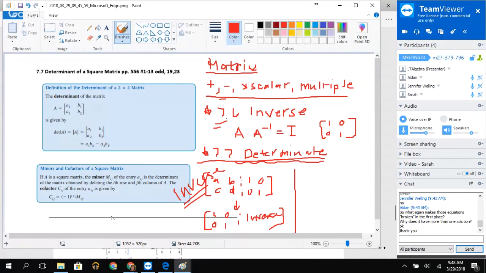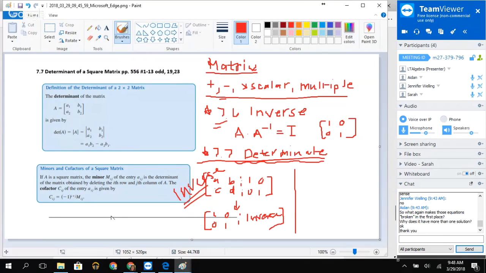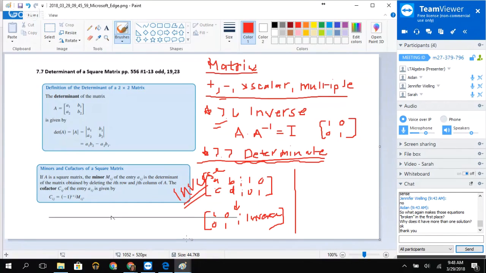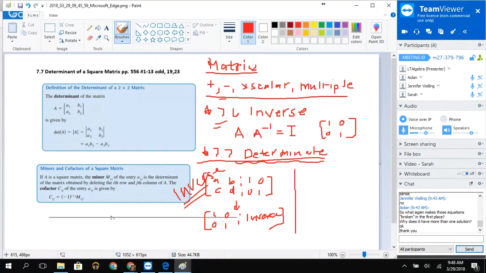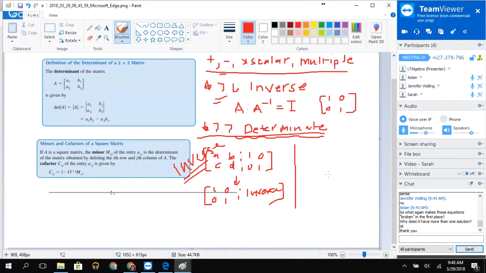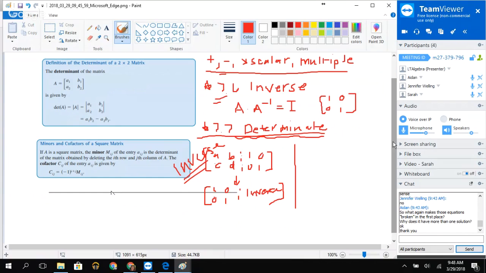Okay, another very commonly used way to find the inverse of a matrix, and it's more of a memorized formula, so maybe that's why your book doesn't emphasize it, is this.